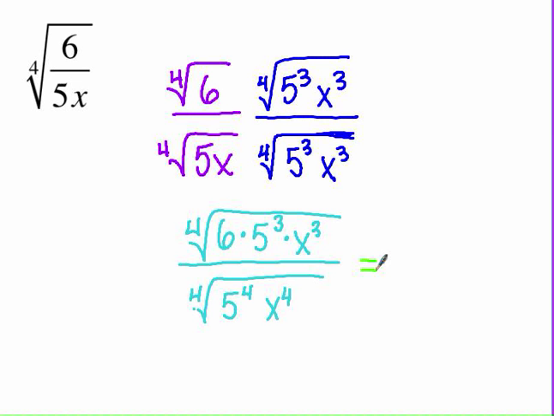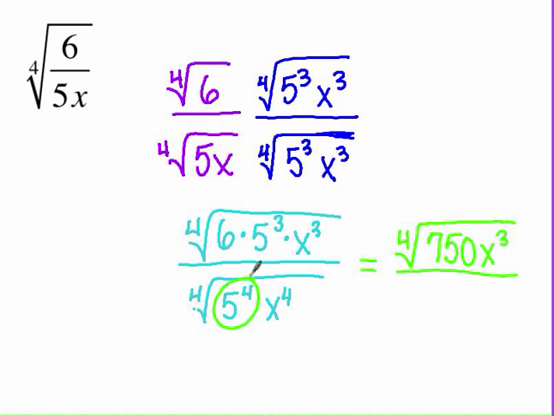So on your calculator, I need you to do 6 times 5 times 5 times 5. What is that? 750. And notice I've still got an x cubed inside because you can only take it out if there's 4. Now on the bottom, the fourth root of 5 to the fourth, what will that give me? 5.